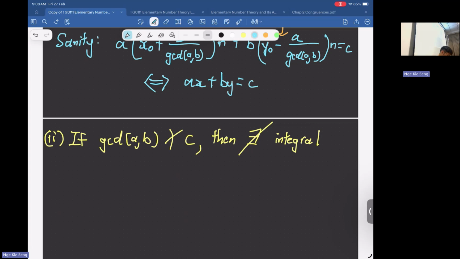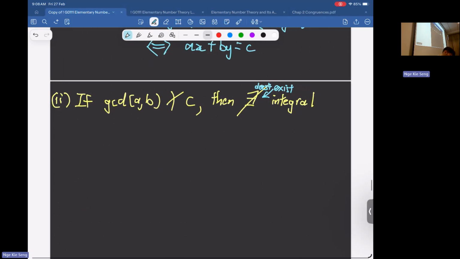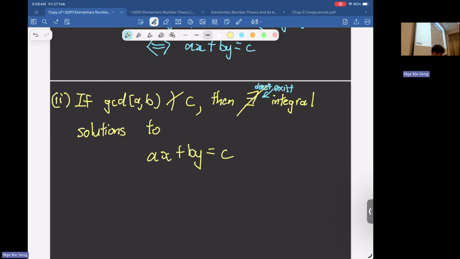Maybe today is the third time I've told you what the inverted E means, exists. If I slash it, there doesn't exist an integral solution to ax plus by.